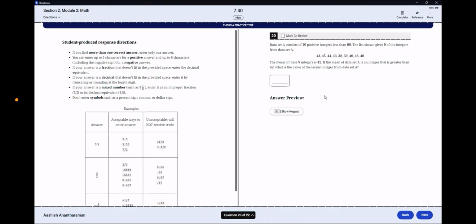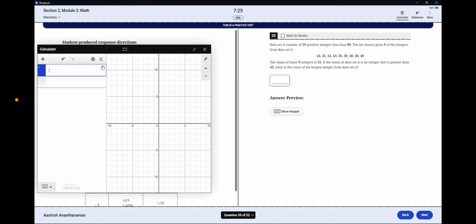If the mean of data set A is an integer that is greater than 42, we're going to have to find the sum. Okay, so we know the mean of these 9 integers is 42, so the sum of them is going to be 42 times 9, which is 378. And you also have one other integer in the data set A.